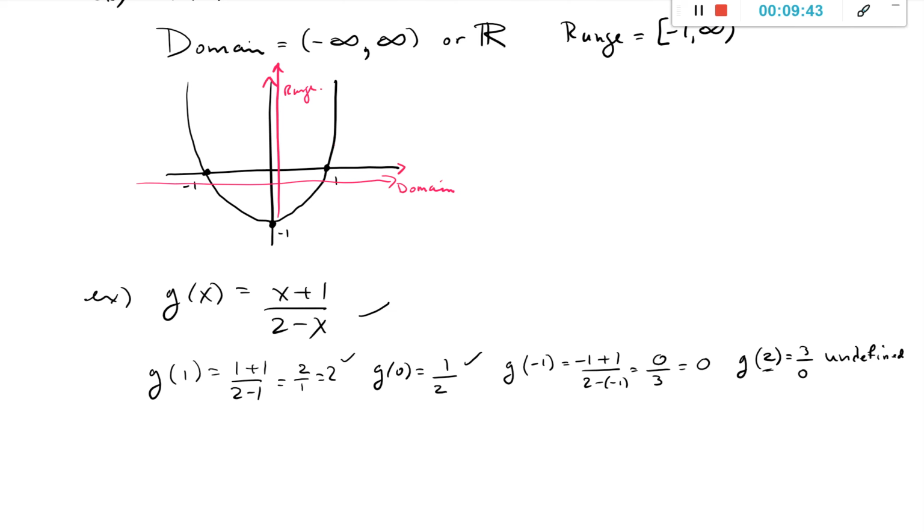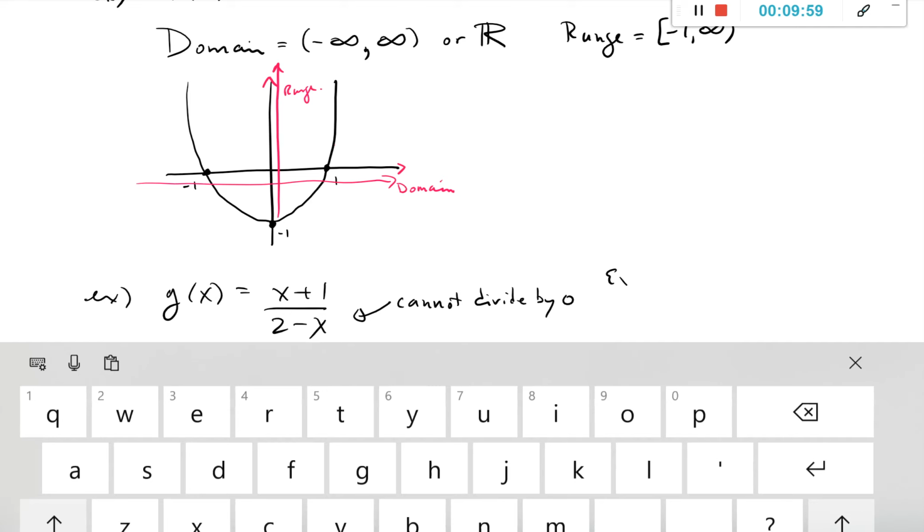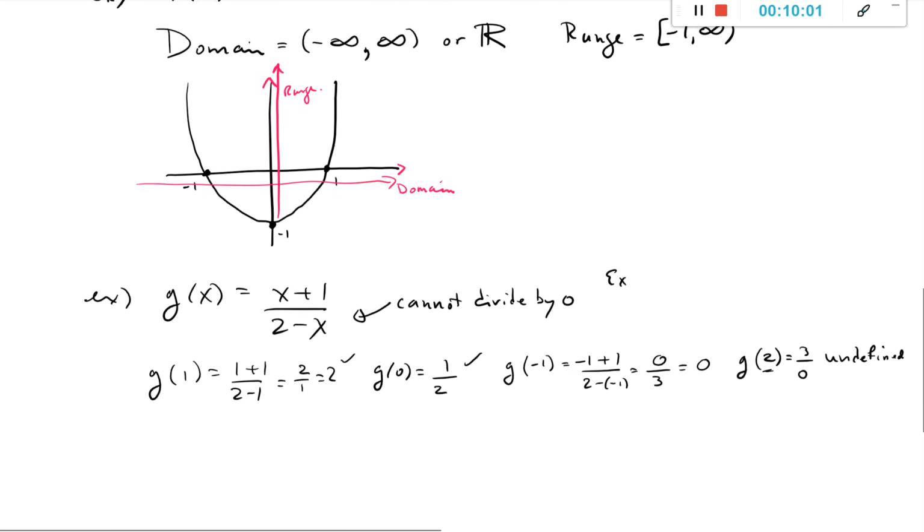So one thing is, we cannot divide by 0. So that means we're going to have to exclude values such that 2 minus x is 0.